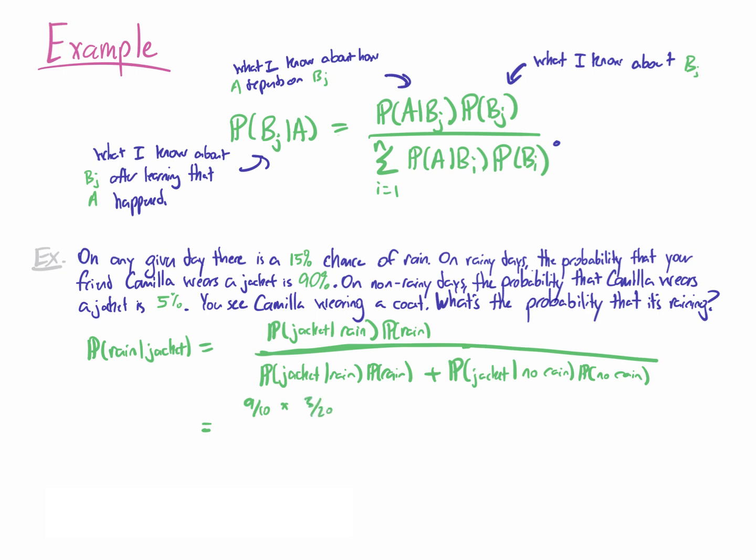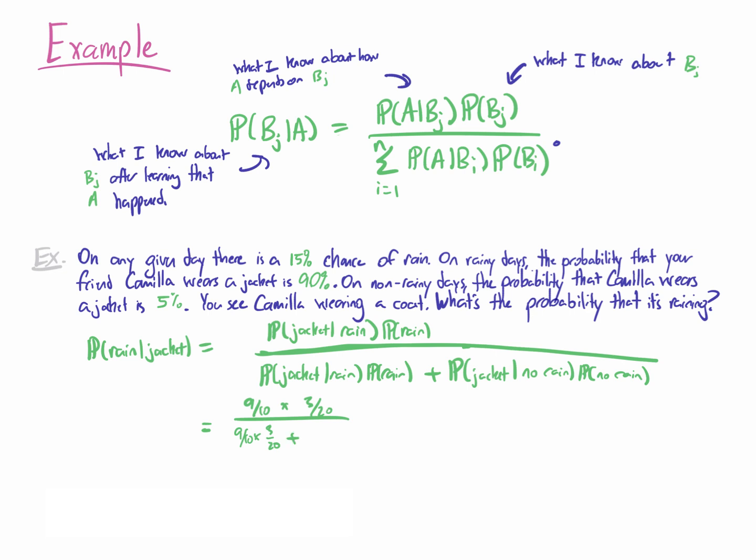Okay, next, I am going to consider the probability that it is raining and that Camilla's wearing a jacket. So this is the 9/10 times 3/20 again. I got that from right here on the bottom. And then I need to combine this.